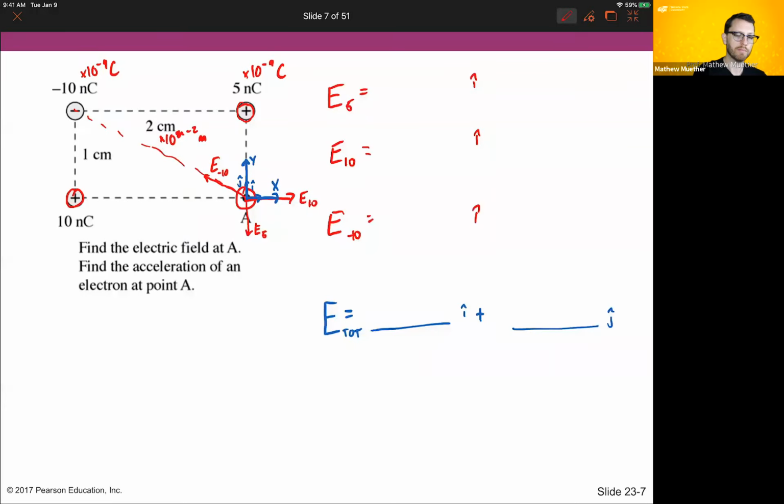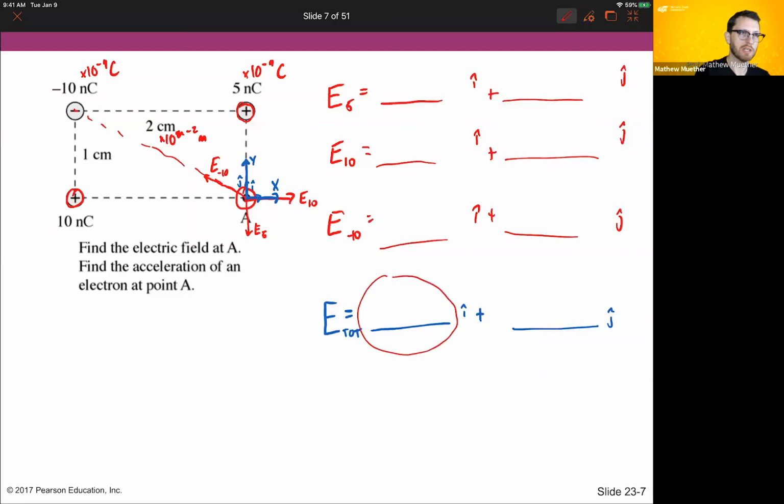I want to express all of these in the same notation, because if I can find these components, then summing them up is going to be easy. The total in i is just going to be the sum of all these different components. I'll just add those up to find the total.